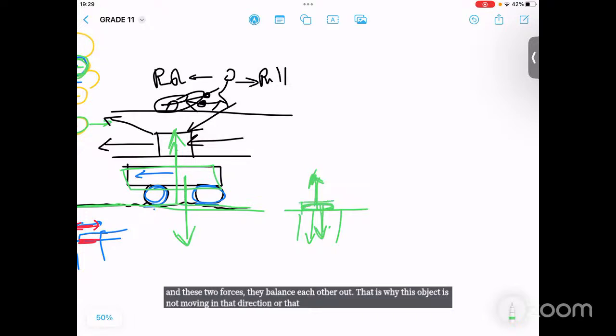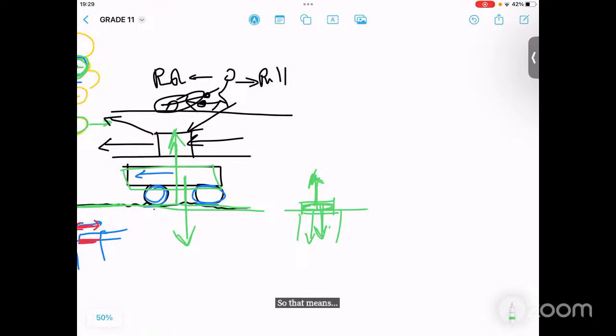It just remains stationary there. So a normal force will be exerted by the surface. If you want to know if a normal force exists, just ask yourself: is there a surface? Yes. Is the object on the surface? Yes. Okay, then the normal force exists.